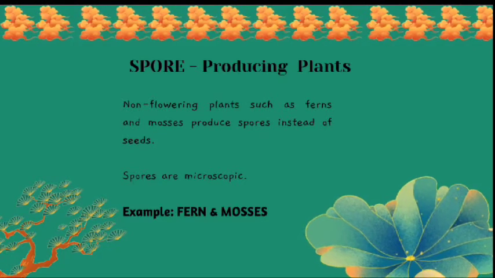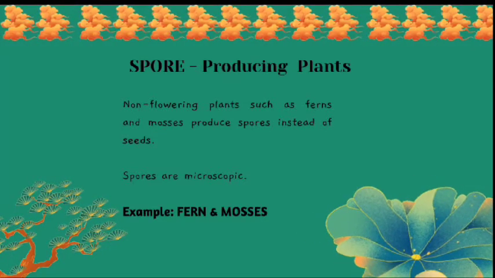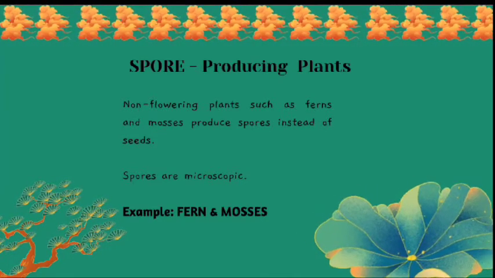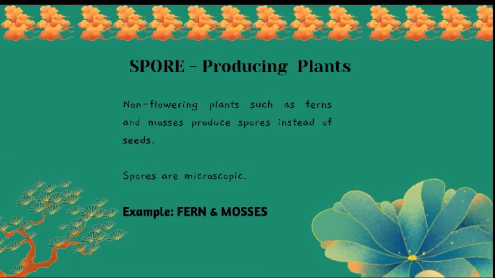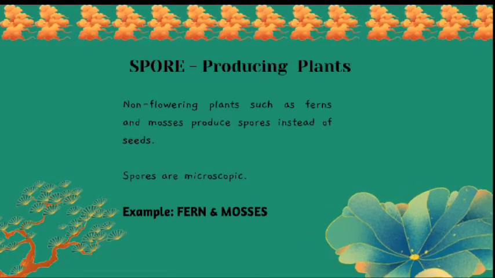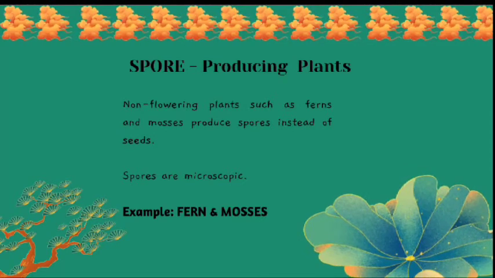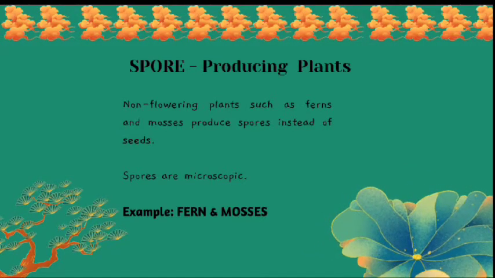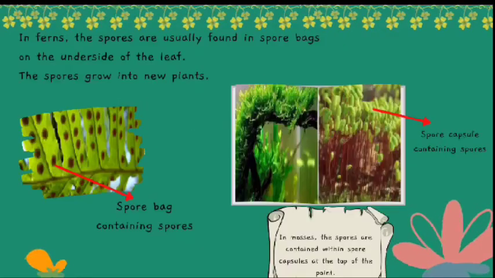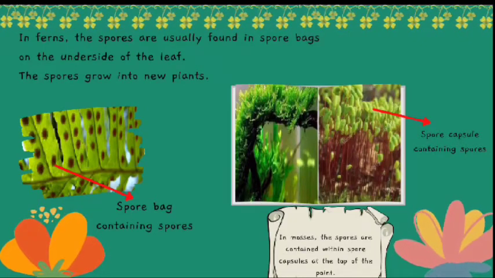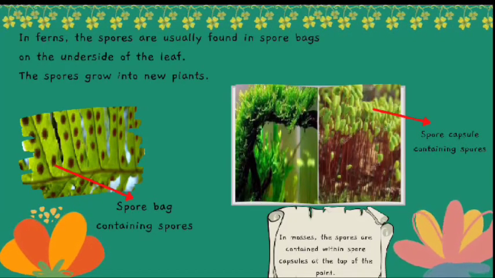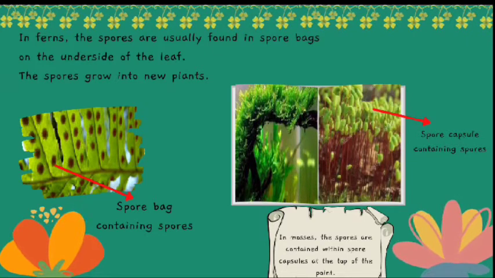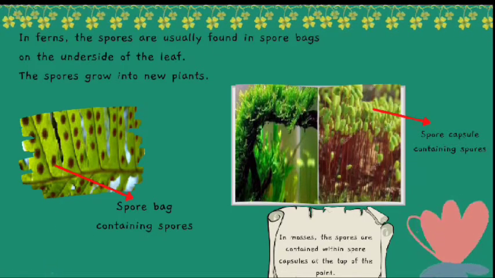Spore-producing plants. Non-flowering plants such as ferns and mosses produce spores instead of seeds. Spores are microscopic, for example in ferns and mosses. In ferns, the spores are usually found in spore bags on the underside of the leaf.